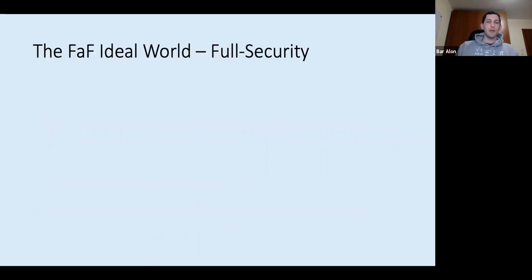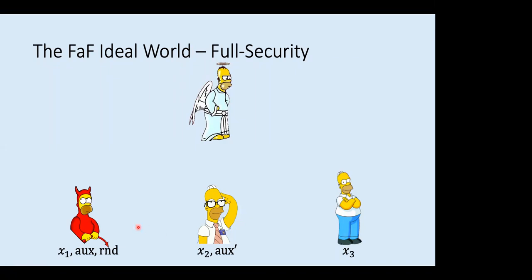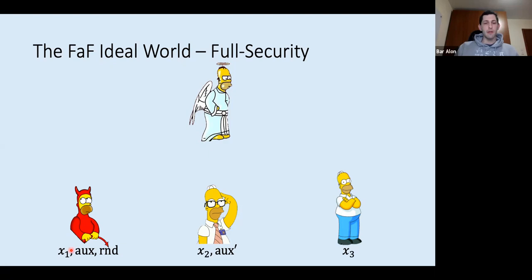So how is it done? I'll start with full security, which corresponds to the first ideal world that I described. So we have three parties. Let's say that the first party here is malicious, the second one is semi-honest, and the third one is fully honest. Each of them has an input. And now, in addition, we'll have the adversary.